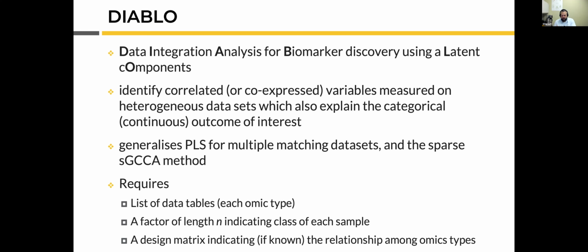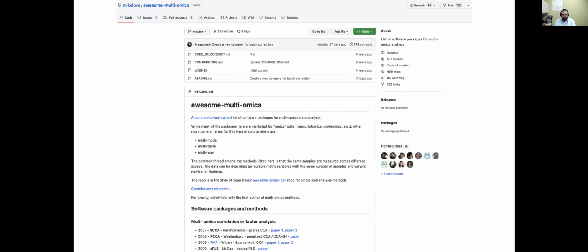But two, this and the next one we'll talk about are excellent examples of well-maintained code with excellent documentation. I've gone through that list of Awesome Multiomics and said, oh wow, that method sounds really cool, and then I go to it, it was published four years ago, there haven't been any updates, there's no documentation, and I'll spend an hour and can't figure out how to run it.